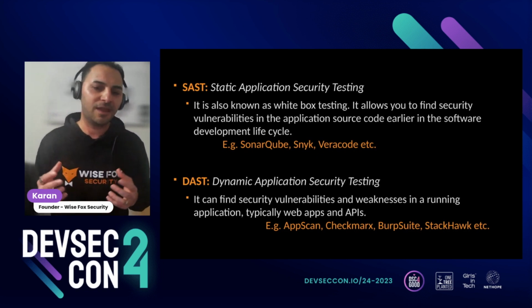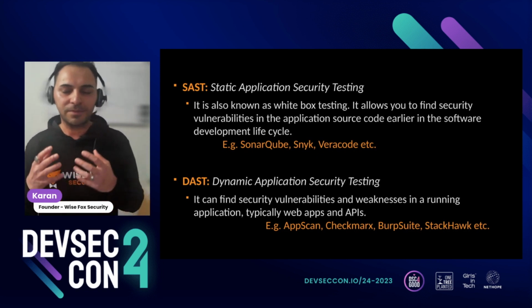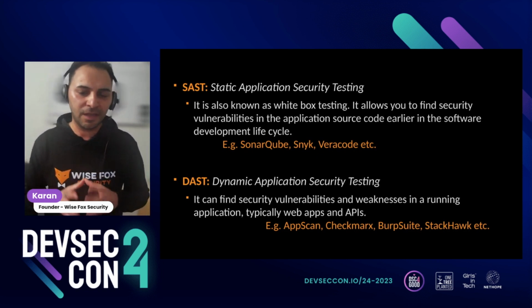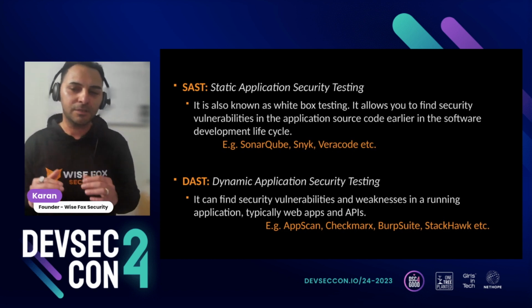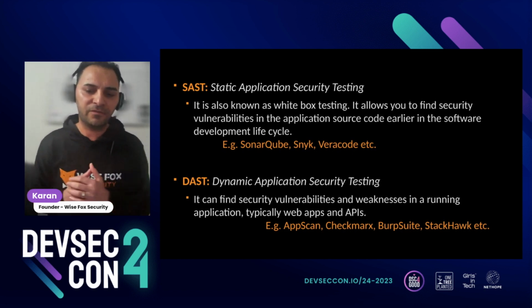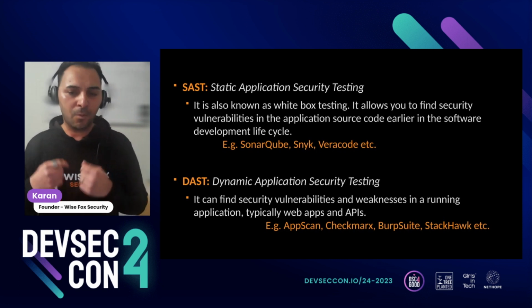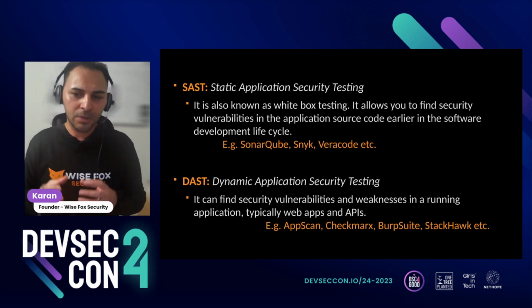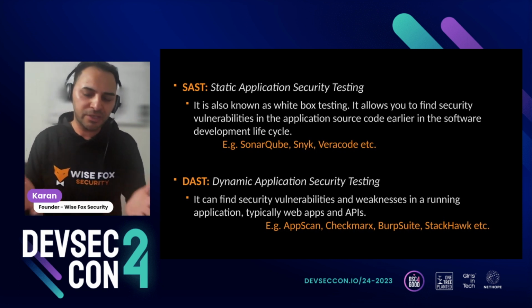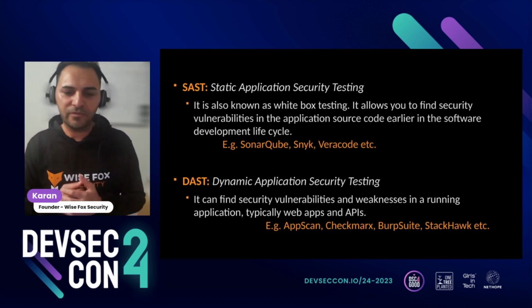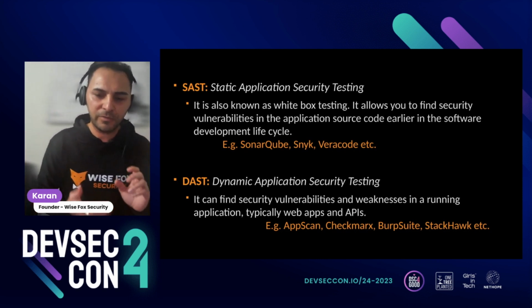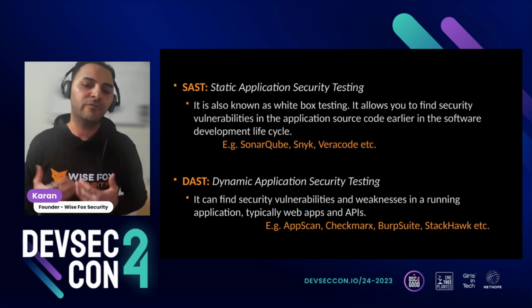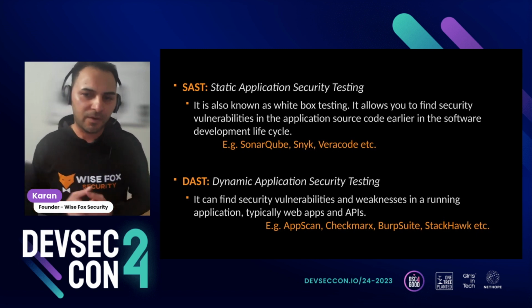So what is SAST? Well, SAST stands for Static Application Security Testing. In simpler terms, SAST helps you identify security issues in your source code. So if you have source code written in Java, in some files in a repository where you're storing your source code, you can run a SAST tool to identify security issues.